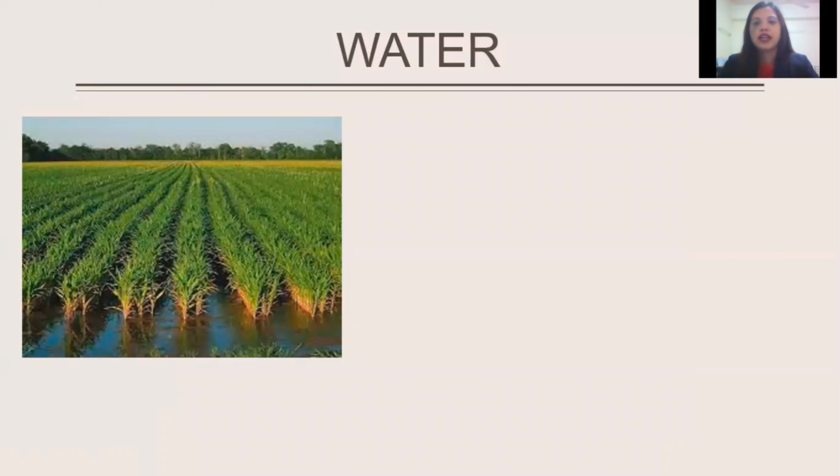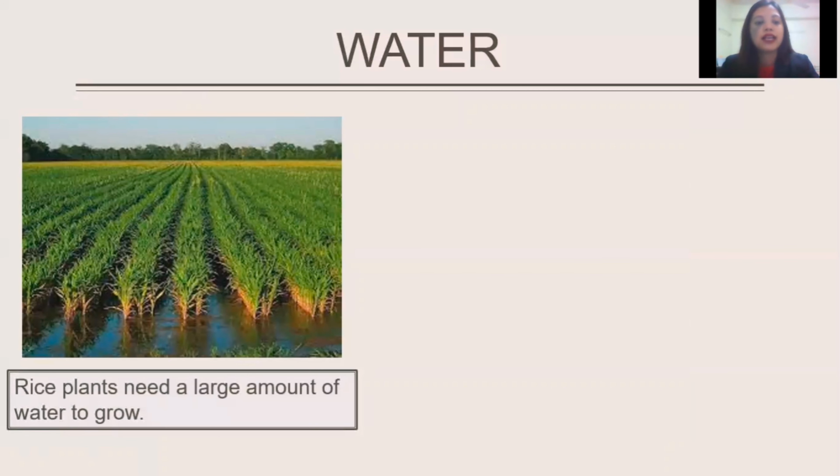Now, there are also some plants that need a lot of water in order to survive. For example, these rice plants need a large amount of water to grow. If you give the rice plants only a little water, they will not grow healthy or will eventually die. That is why water is very important to rice plants.